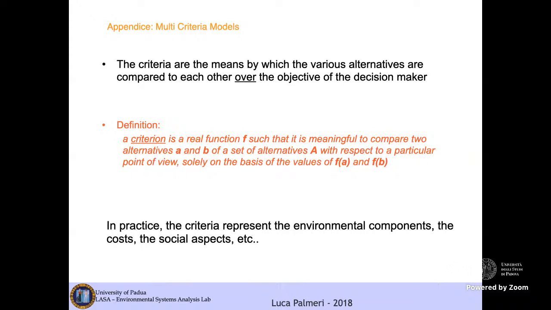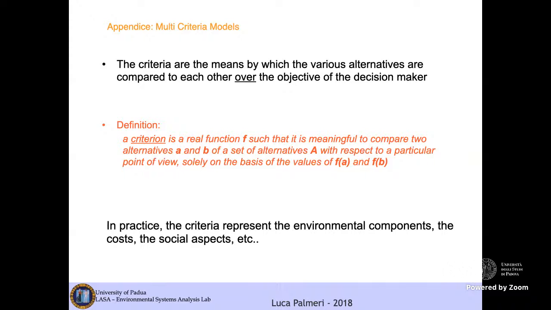In practice, what we may say is that the criteria represent the environmental components or the cost or the social aspects and so on. So what we are doing here, we are generalizing the Leopold matrix approach, in which instead of only considering environmental components and project activities, we may also consider cost, social aspects, and so on.